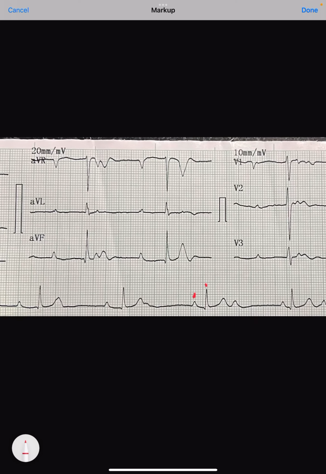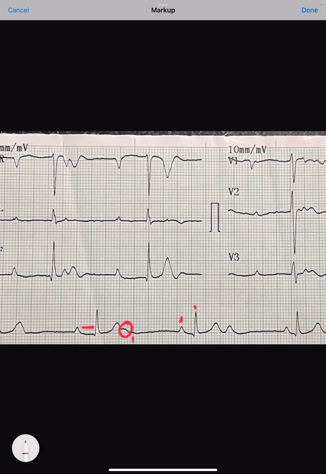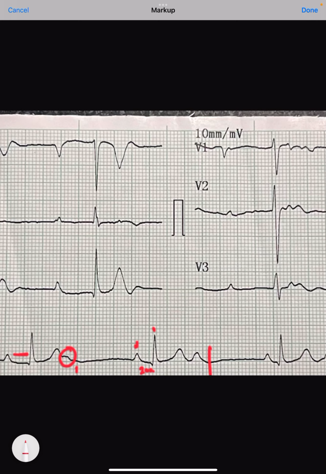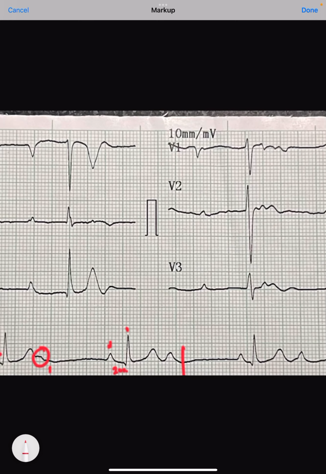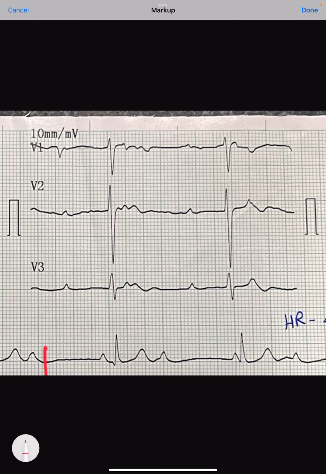So here we can see that the PR is this much. Here the P is there but QRS is not there. Here the PR is around 200 milliseconds and here it is directly dropped. So here the prolongation is not there. In fact, if you see here, P is there and QRS is here and this is the T wave.